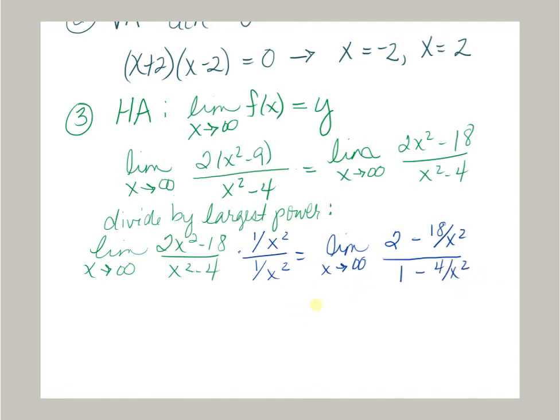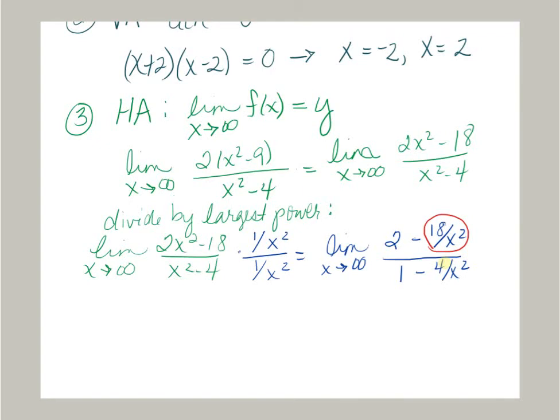And then again, I ask myself this question: what happens when x gets really, really big? So consider this fraction. When x is huge, 18 over 10 squared, 18 over 100 squared, 18 over 1,000 squared, 18 over 1,000,000 squared, what's happening to those fractions is as the denominator gets huge, the fraction itself gets very, very small.